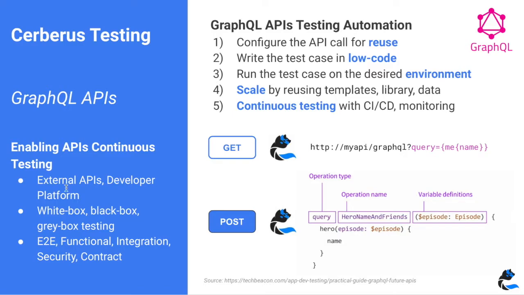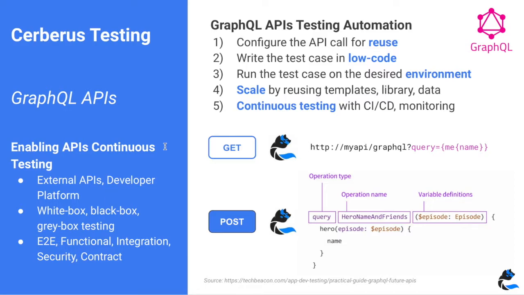It can be testing an external API, available or not on a developer platform. As you use Cerberus, you can also combine the GraphQL call with other checks in your front end and backend services, for example in web-based testing. You can also implement different types of test coverage, like end-to-end, functional, integration, and security. Today we'll share one case only.